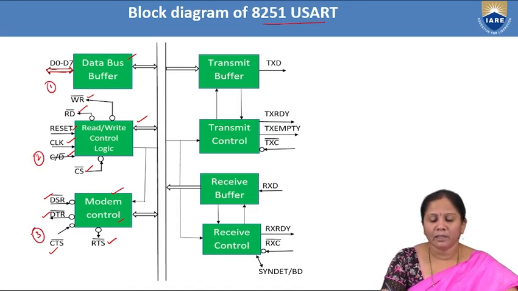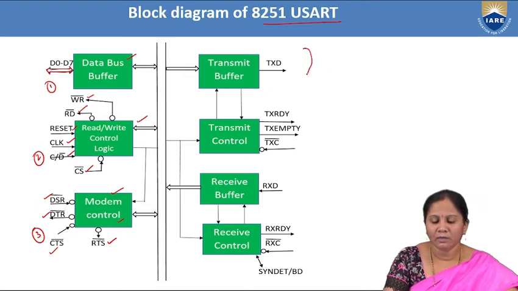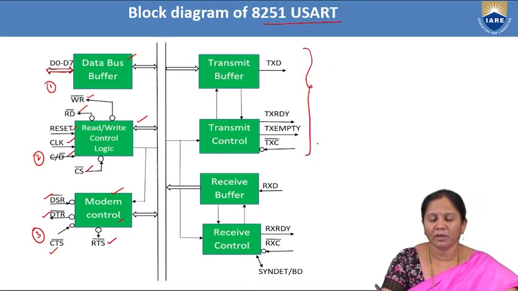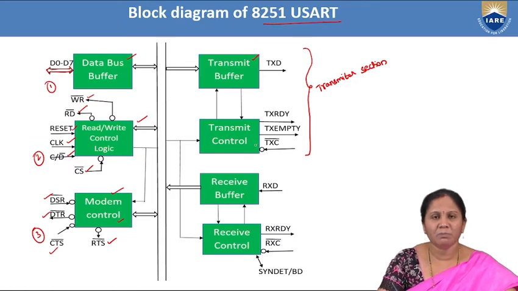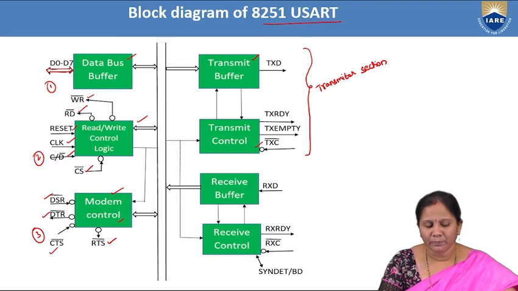And another block of this 8251 USART is the transmit buffer and transmit control. Totally these 2 blocks come under the transmitter section. In this transmitter section, we have the transmit buffer block and the transmit control block.